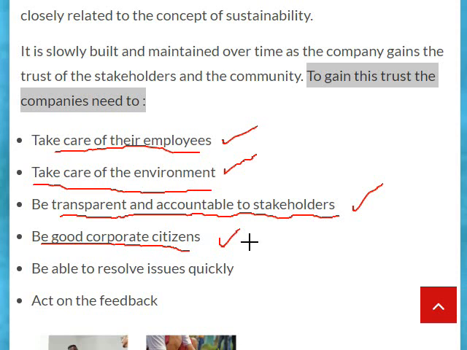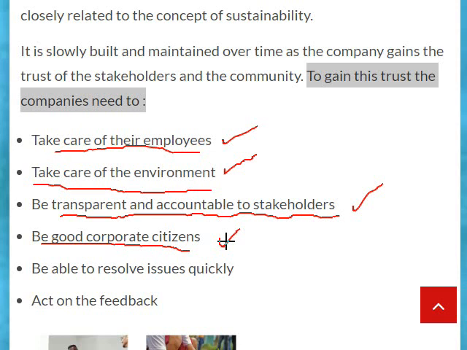A good corporate citizen also means giving a fair amount of wages to the employees. It also means that you are fair towards other businesses. You are not engaging in disruptive business practices.